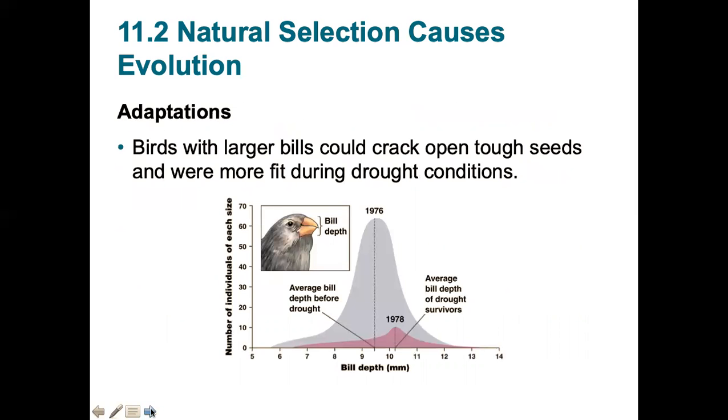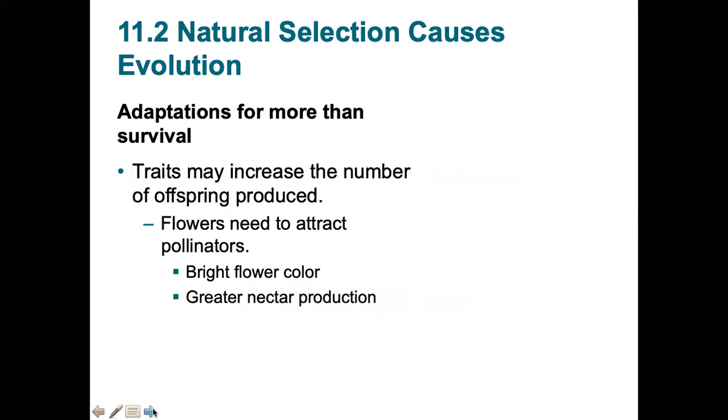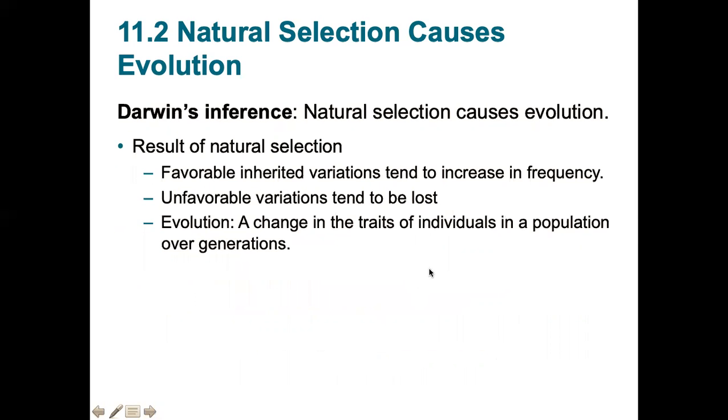Oh, here, so there we go. Birds with larger bills could crack open tough seeds and were more fit during drought conditions. So an adaptation for survival, flowers, bright colors attract pollinators.